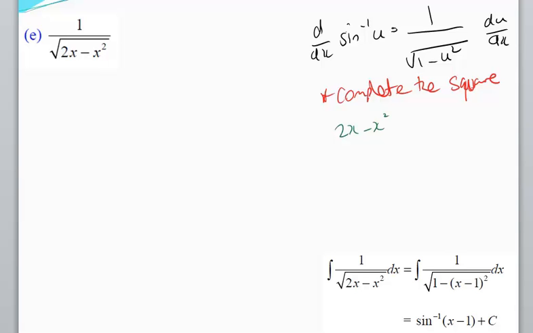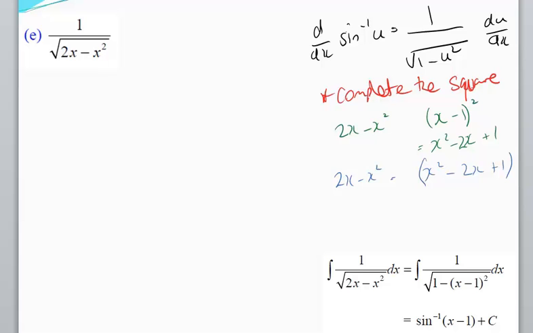So now to get that, if we did x plus 1, we're going to end up with the same signs, but if we do minus 1, we're going to end up with different signs. X minus 1 squared is going to give us x squared minus 2x plus 1. So here we've got our 2x minus x squared, and here we've got our x squared minus 2x plus 1.